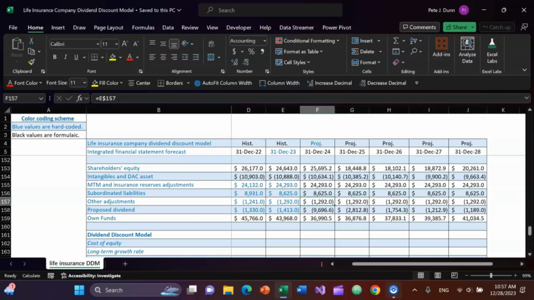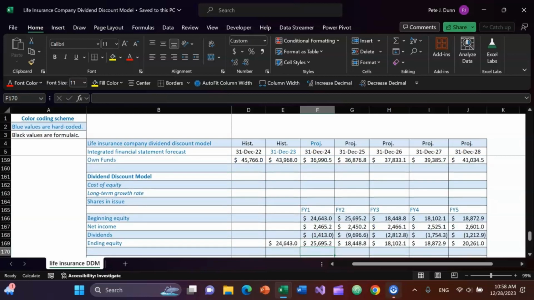Other adjustments in row 157. Based on all that, you can back out the proposed dividend from your own funds. So it's own funds minus the sum of the other stuff, and that's how we're able to back the dividends out of the model and assume that the insurance company meets its regulatory capital requirements throughout the forecast.